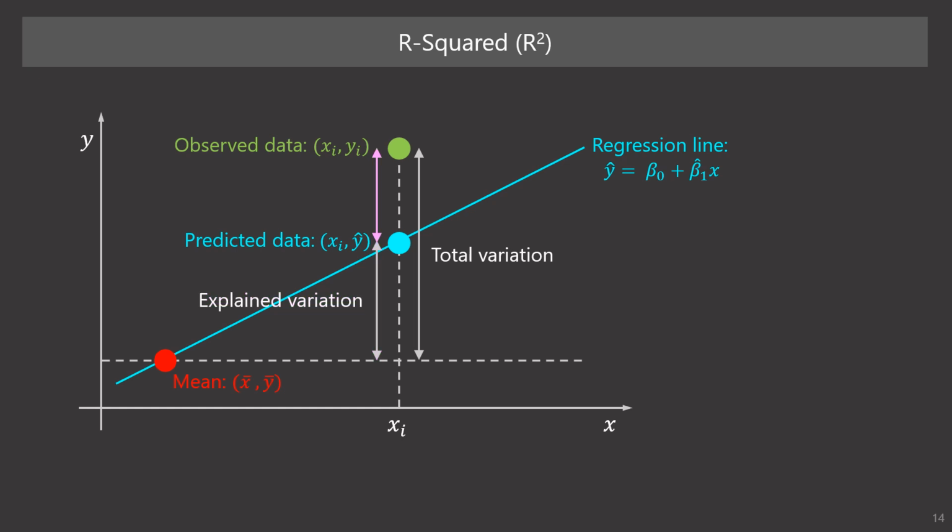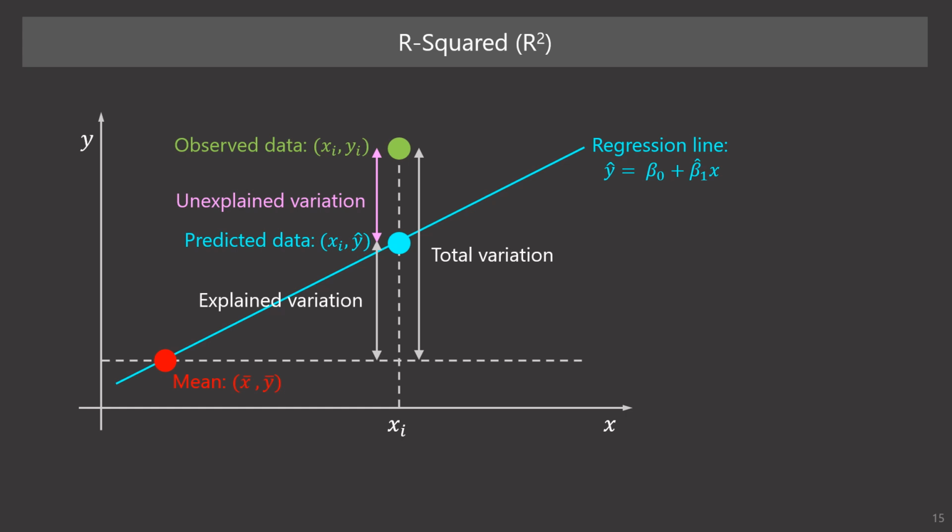However, the predicted value is not the same as the observed value. There are still some deviances. In other words, the regression model does not explain all of the variations. Some unexplained variations remain. So, the difference between the observed value and the predicted value can be regarded as the unexplained variation.